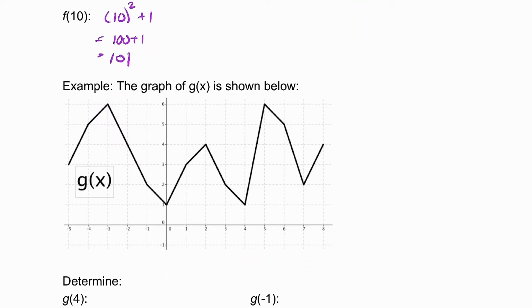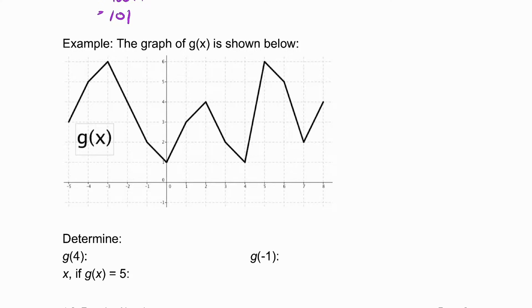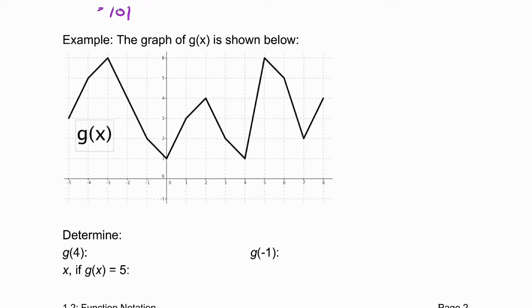So here in this example, we're given a graph of a function. We can see that this is a function based on the vertical line test. Anywhere we have a vertical line, it crosses that graph at only one point.